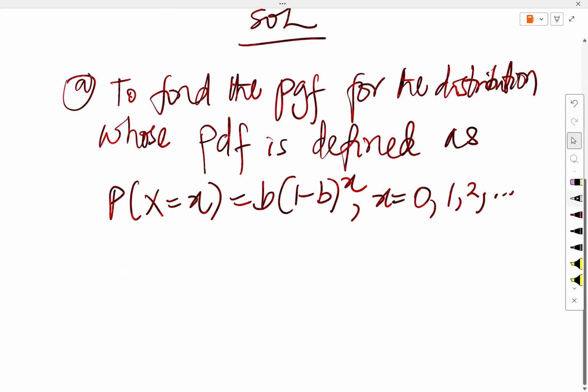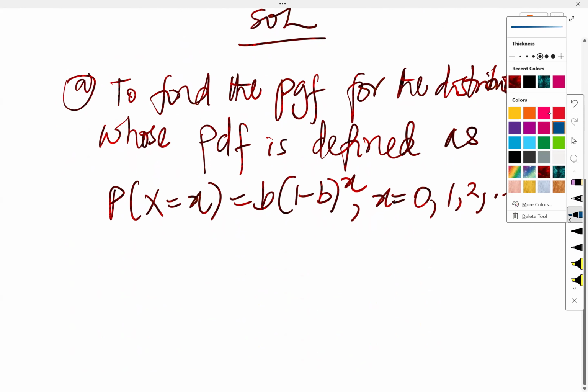That's all we need to find. So I go marker hunting and I go for blue. Okay, so now let's do this.